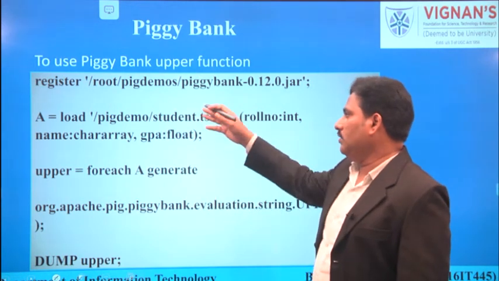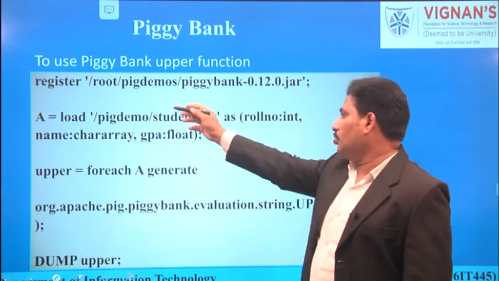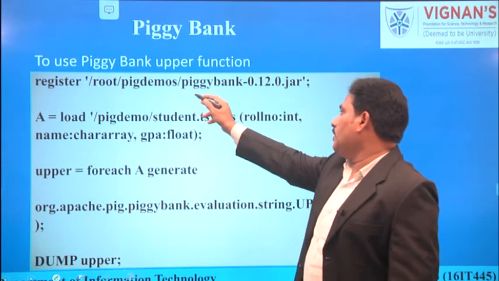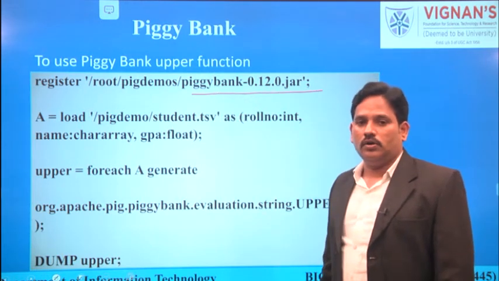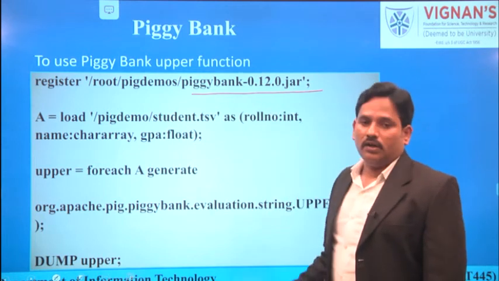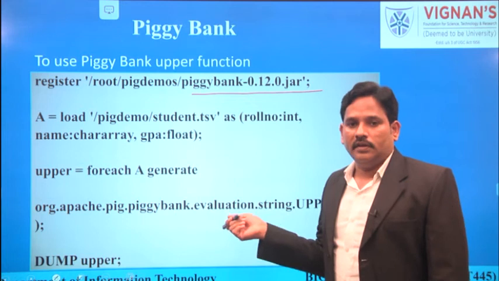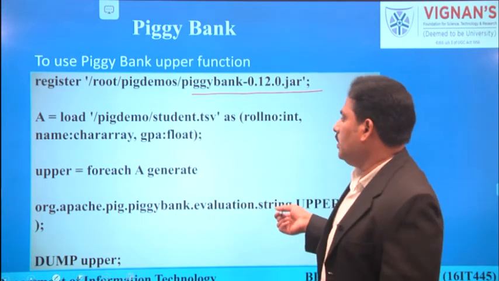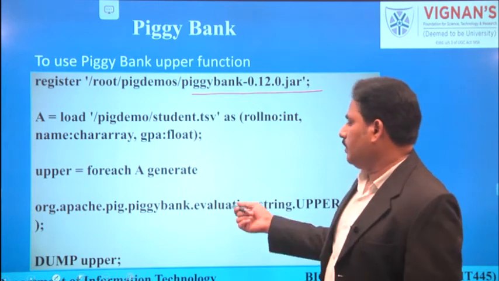If it is not installed, we can load it by calling the register command like root pigdemos piggybank-0.12.0.jar file. If you click on the command, the jar file is going to be installed in the interactive shell environment, and after that we can apply the required operations using piggybank.